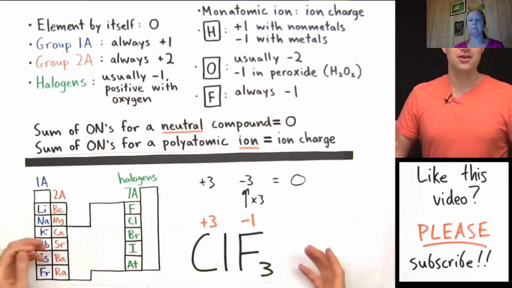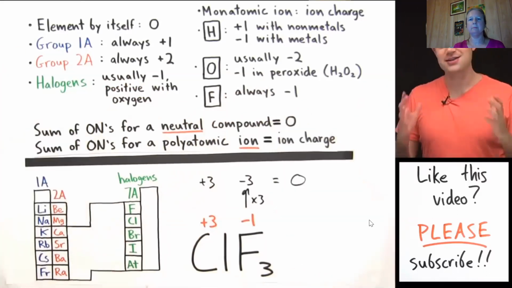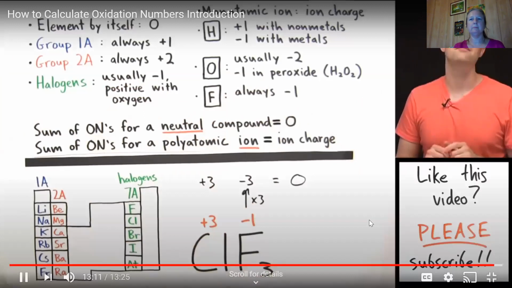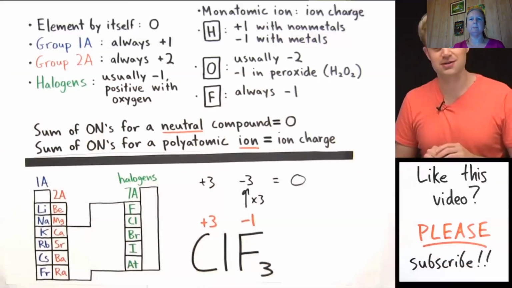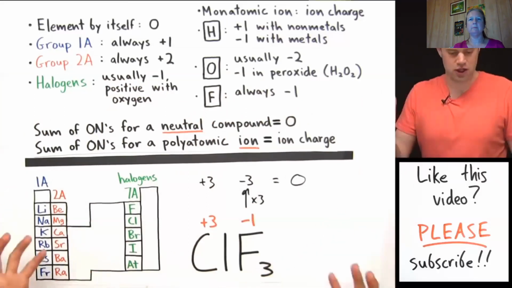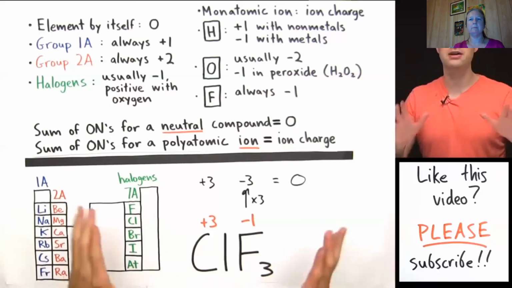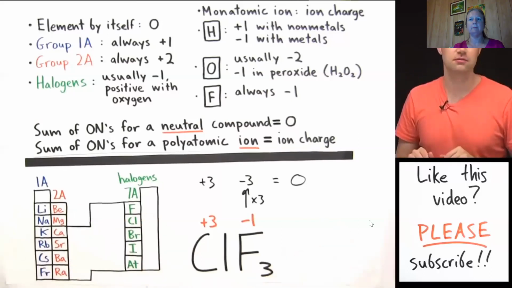So that's how to work through these rules to figure out what the oxidation numbers of elements are in a compound. If you want a little bit more practice, I'm going to have another video with more practice problems. If you just are a little bit shaky on this, doing more and more practice problems is the best way to get good really fast.